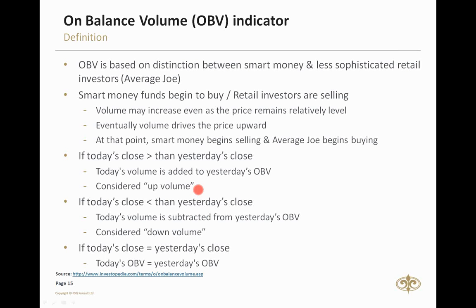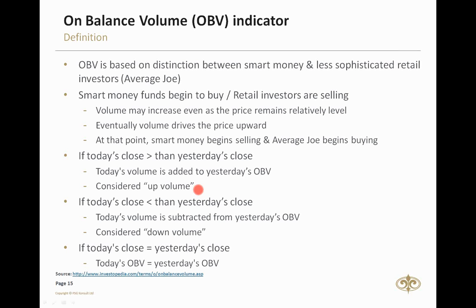So on-balance volume is based on the distinction between smart money, the institutions, and the less sophisticated retail investor. I call them the average Joe public. When the smart money funds begin to buy, they're getting close to the bottom of the cycle. That's what I said, the hairdresser, everybody else is selling. If you remember my very first analogy.